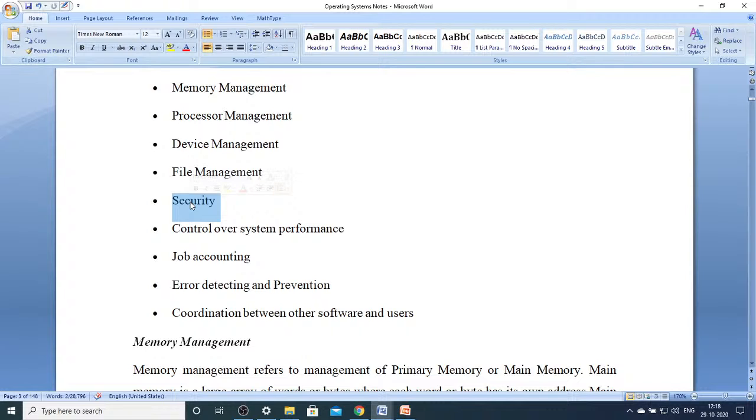That attack can be internal or external. All the internal and external attacks should be defended by the operating system. That is what security speaks of. On the other hand, protection you can also address here. Rather than just writing security, you can write protection and security.